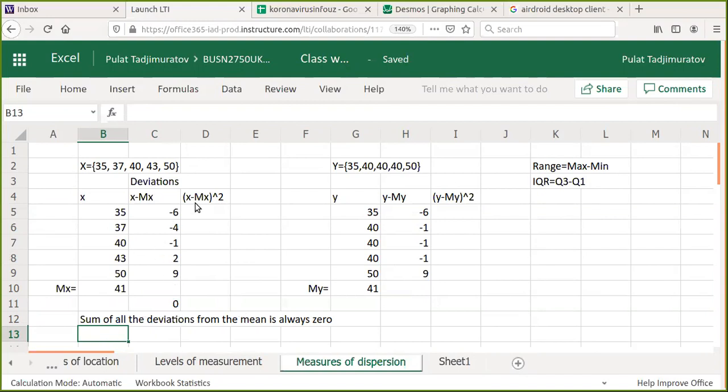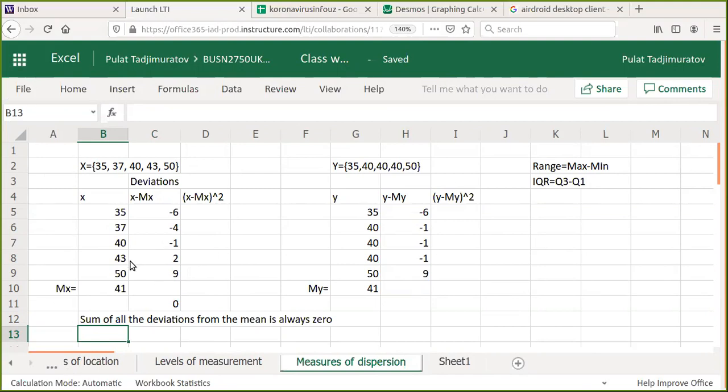If I add those numbers up, it will give us 0, and 0 divided by anything is 0. So the average or mean deviation is unusable for us. It will be 0.